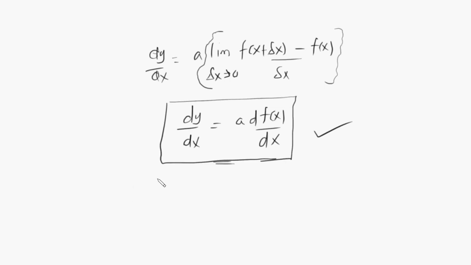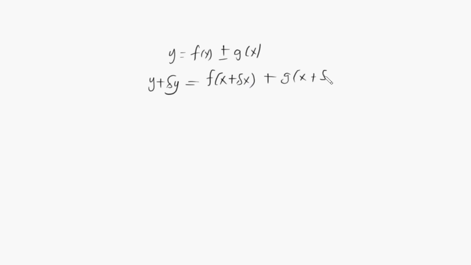What about this one now? This is the second. What about for a function y equals f(x) plus or minus g(x)? Well, again, I know that my y plus delta y will just be equal to f(x plus delta x) plus or minus g(x plus delta x). So the derivative of y with respect to x will just be equal to the limiting value of y plus delta y minus y over delta x as delta x approaches 0.